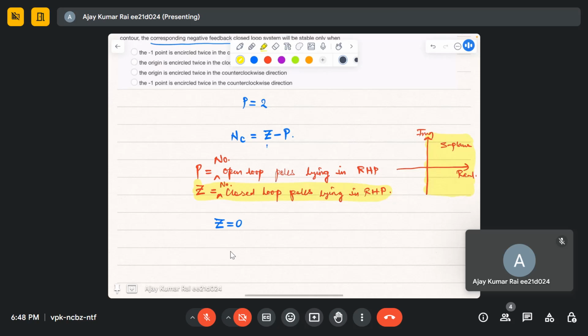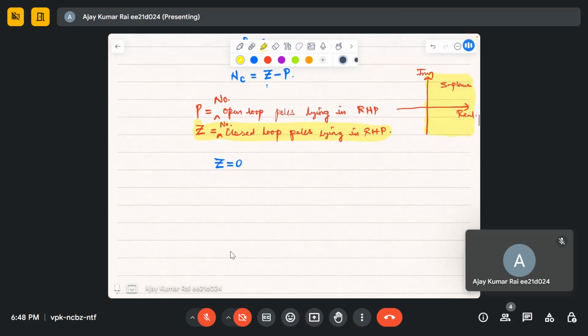How many encirclements are there around the -1 point? Let's use the formula. NC is equal to Z minus P, 0 minus 2. So NC is -2.